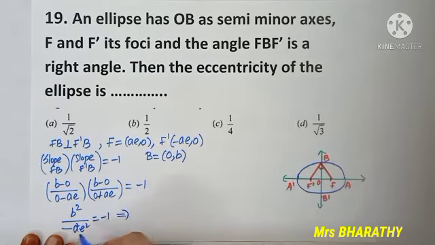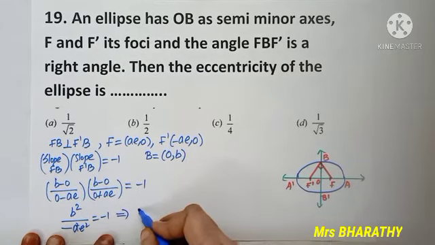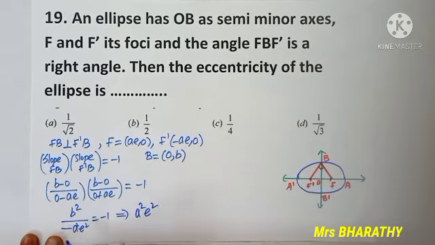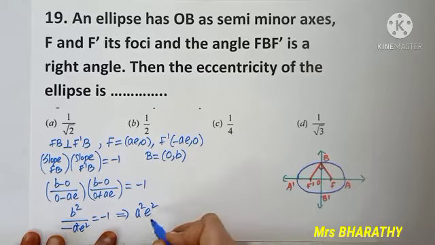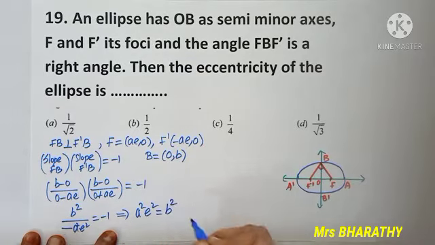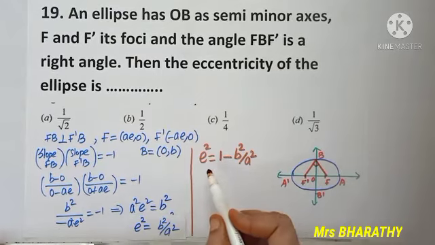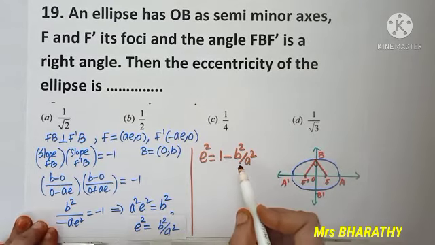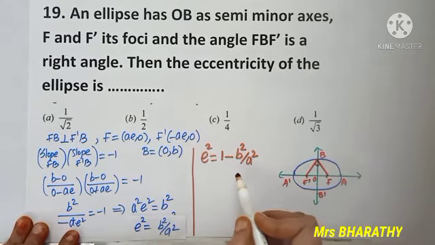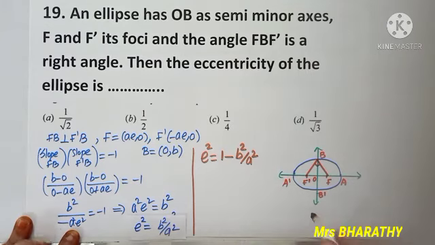As we cross multiply, I get A square E square, minus into minus plus, A square E square equals B square. We get E square as B square by A square. Let us recall, E square is 1 minus B square by A square as per eccentricity formula.